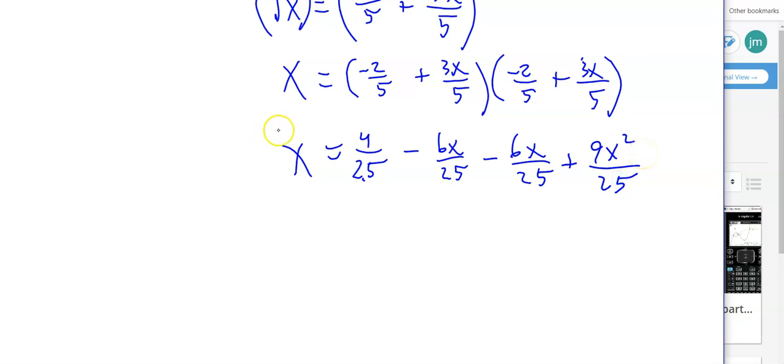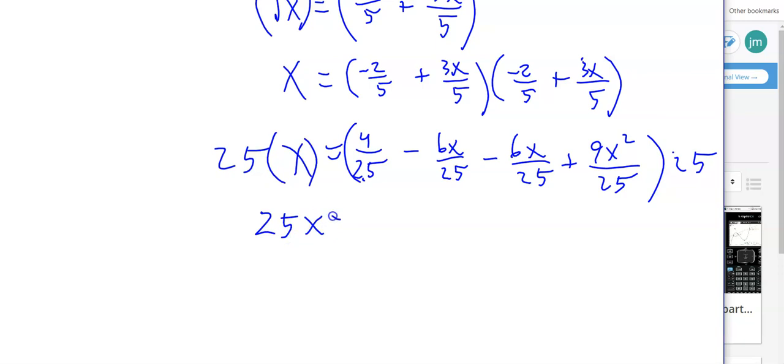To get rid of the 25, or at least to make it less fractions here, let's multiply both sides by 25. So we get 25x equals 4 minus 12x plus 9x squared. Let's kind of organize this. Let's get the 25x over to the other side.